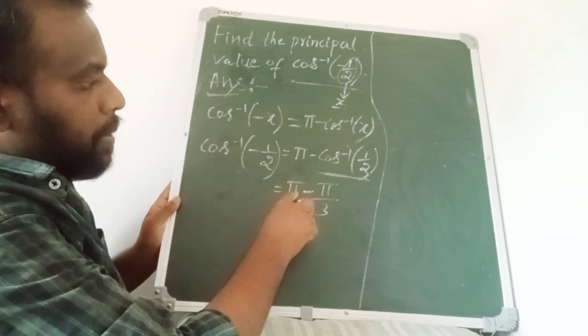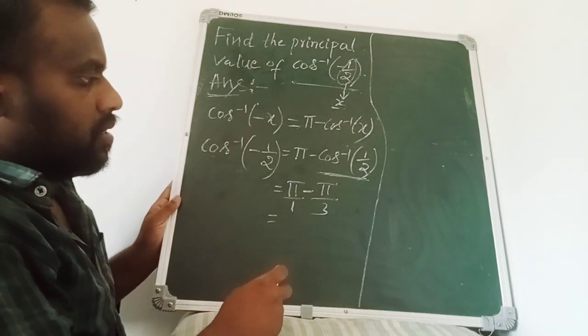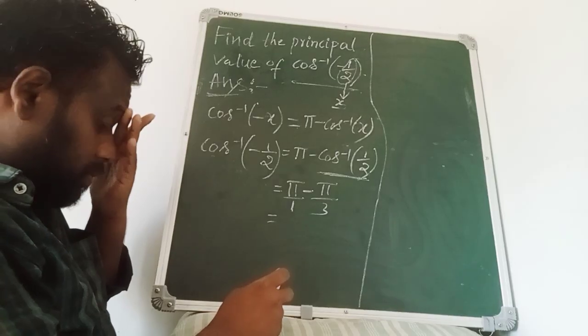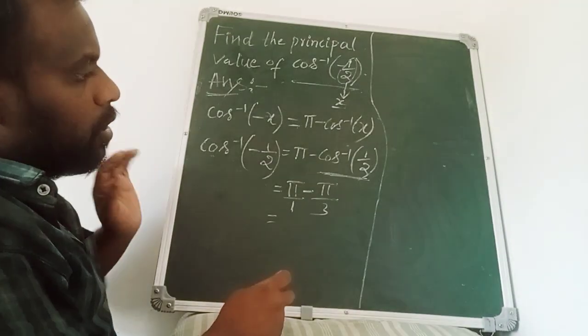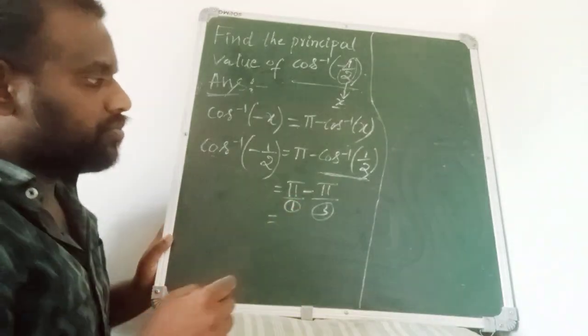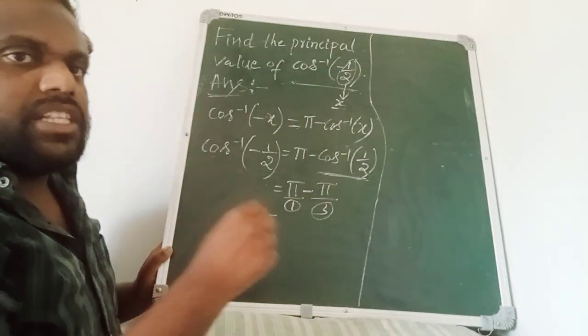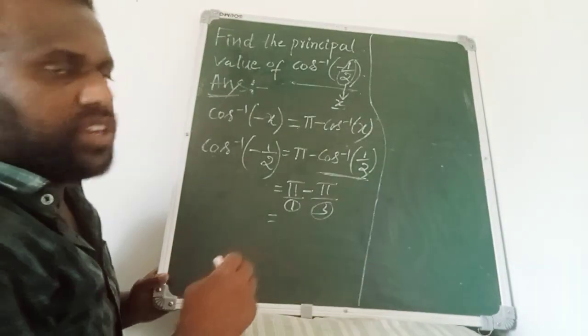So only pi means pi divided by 1. Now these are the denominators, 1 and 3. Now LCM of 1 and 3 is what? It is 3.